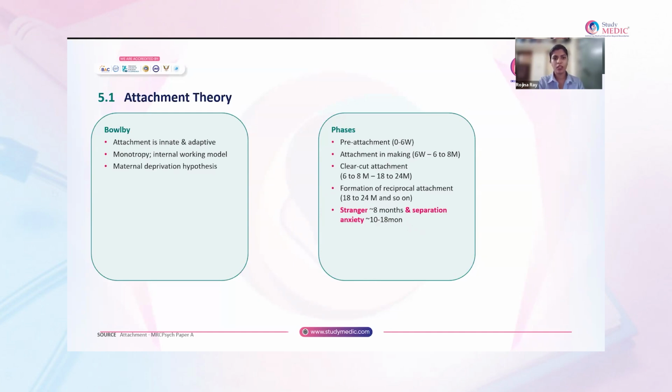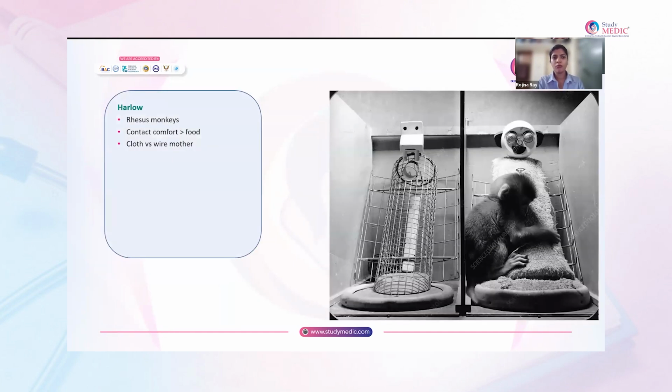Moving on. You all might understand what was depicted in this picture. This is the famous Harry Harlow's work with young rhesus monkeys. Harlow conducted an experiment in young rhesus monkeys where the monkeys were separated from their birth mothers within a few hours of birth, and were given two options: a wire mother which provided food, and a cloth mother with a soft cloth which provided comfort but no food.